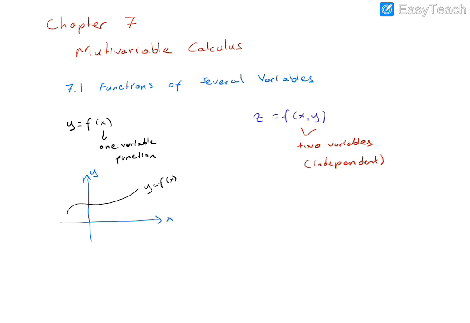Okay. Now z is the dependent variable. The graphs of such functions, two variable functions, are surfaces in a three-dimensional coordinate system.